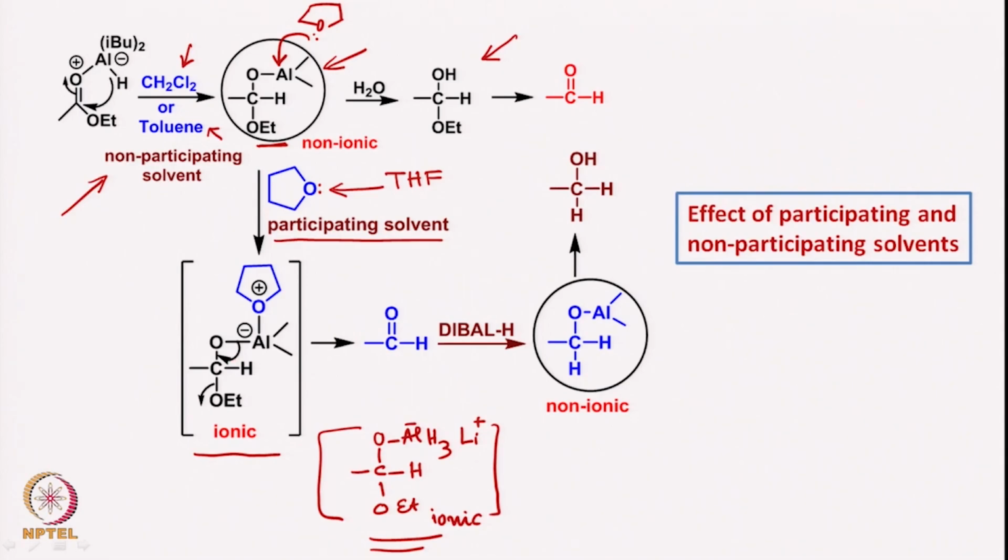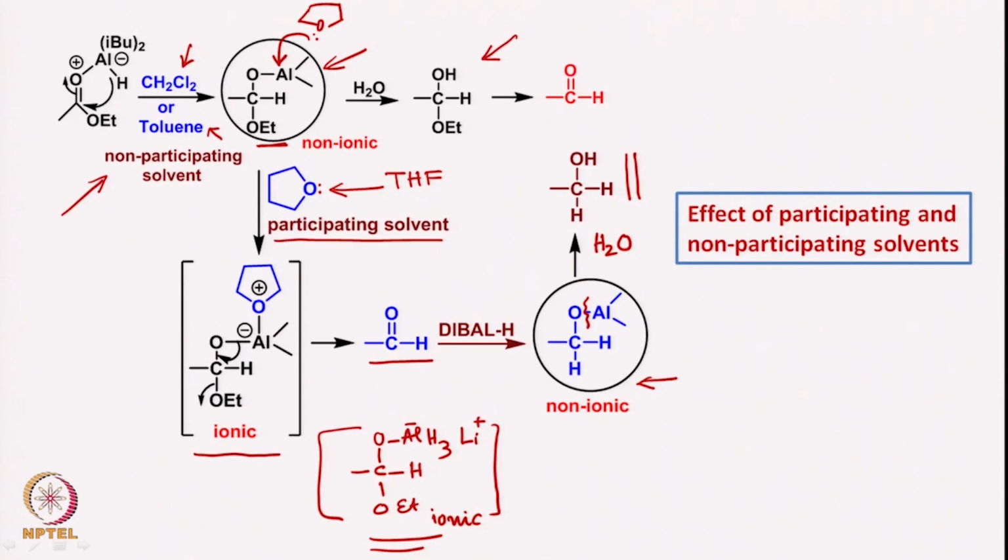still diisobutyl aluminum hydride present in the reaction, and it forms the corresponding aldehyde, which again then reacts with diisobutyl aluminum hydride in a normal fashion, forming this intermediate, which should now be a non-ionic intermediate, and then when you add water, the reaction is quenched and you can break this oxygen aluminum bond, and then this alcohol is formed.